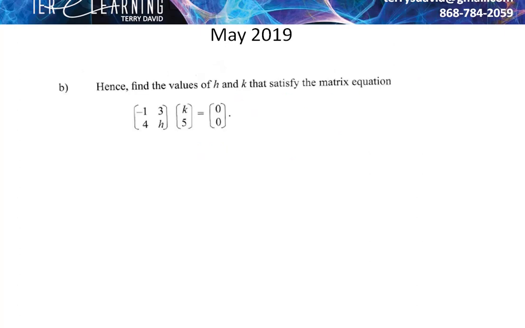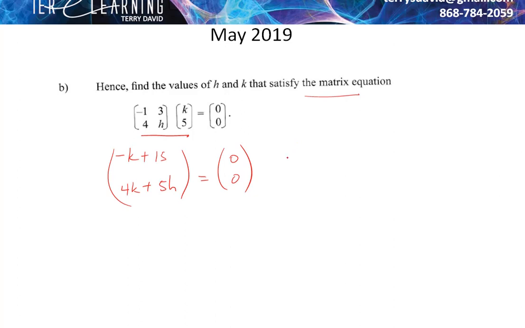they told us to find the value of h and k that satisfies this equation. Now you just worked out the product of this matrix here. You got minus k plus 15 on top, and you got 4k plus 5h, right? That's what you got just now, and they're telling you that that is equal to 1 0.